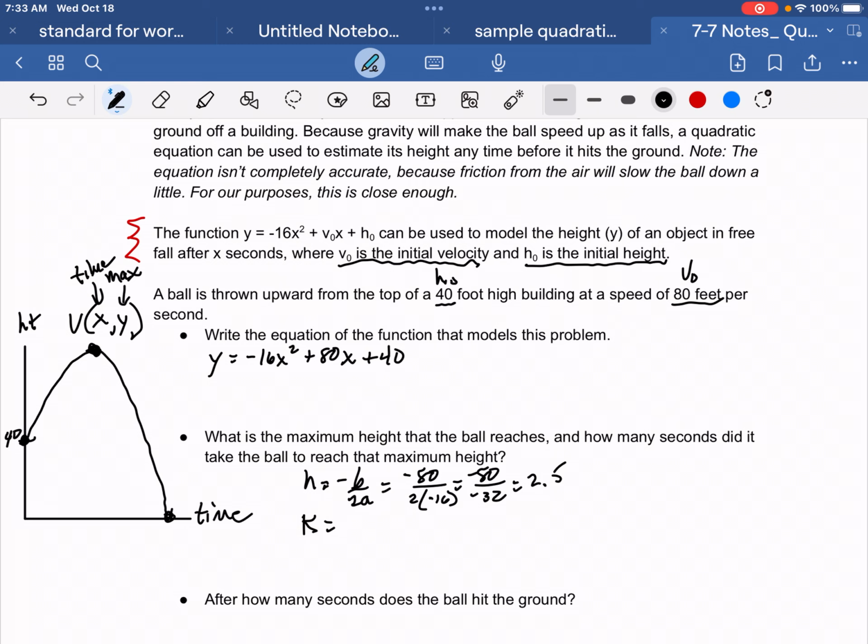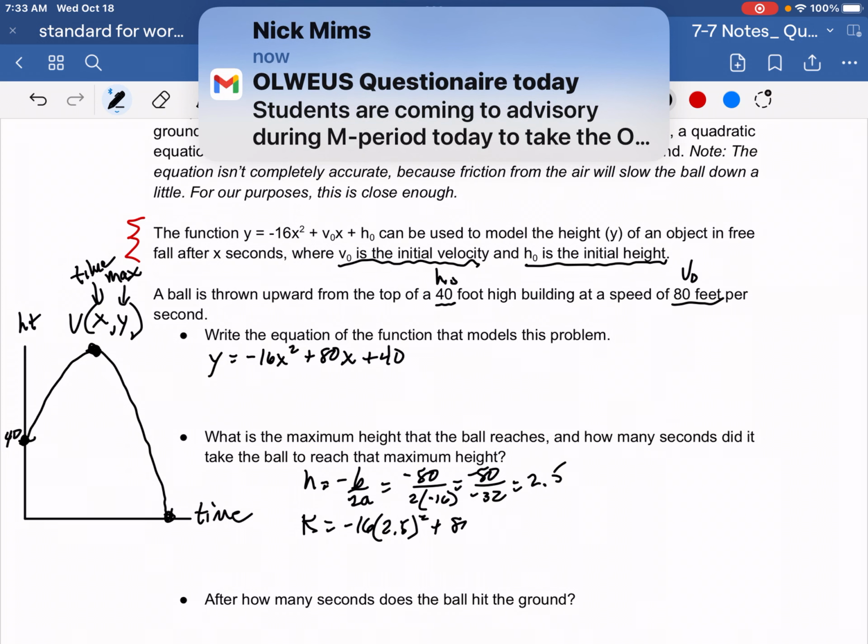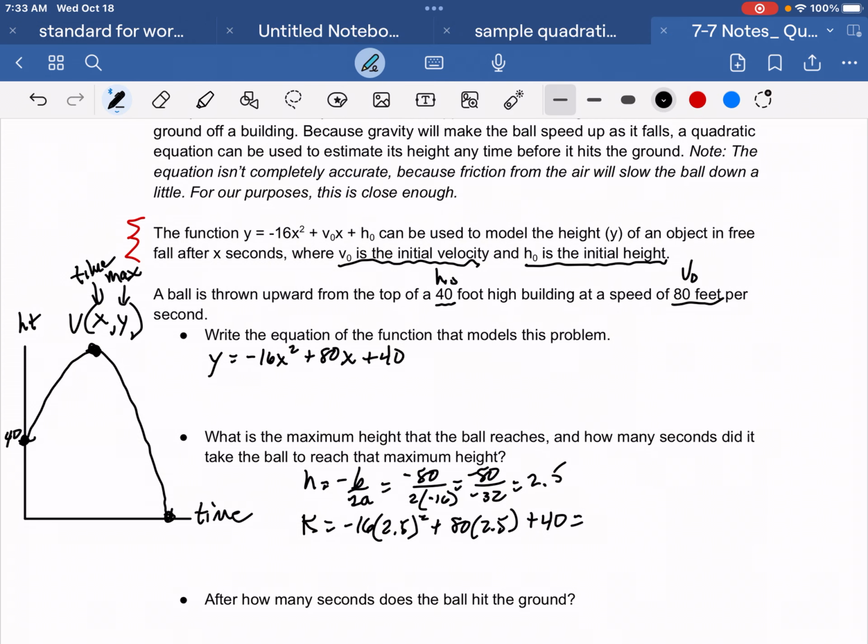k, the y-coordinate of the vertex, is found by plugging in h. So negative 16 times 2.5 squared plus 80 times 2.5 plus 40. Well, let me grab my calculator and punch this in.